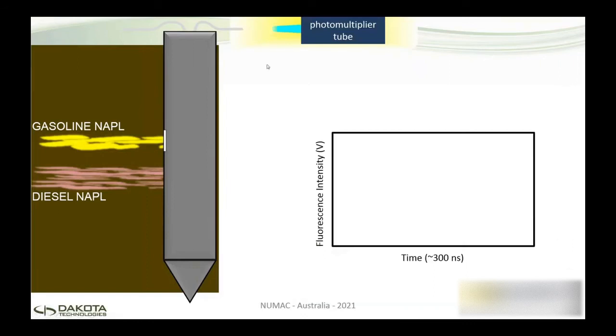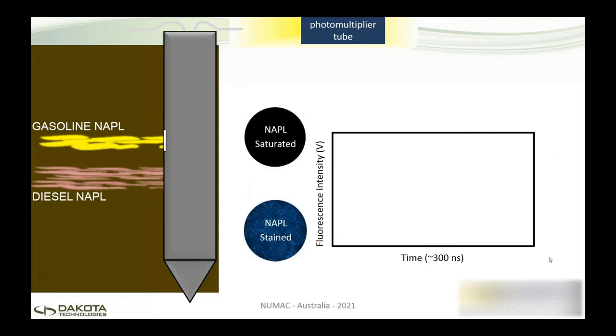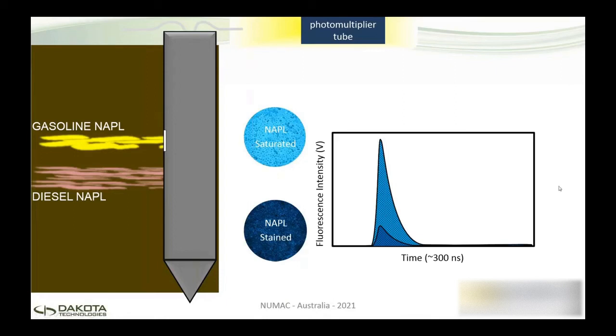So some of that light ends up being collected and brought back up hole to what's called a photomultiplier tube. Those pulses of fluorescence then scale with how much NAPL is in the pore spaces of the soil. The more NAPL that is saturating the soil, the taller and larger those responses get. And remember, this is happening very quickly on about a 300 nanosecond window.